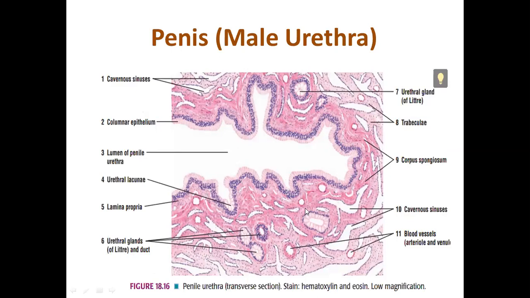In this connective tissue, which represents the lamina propria, there are mucus secreting urethral glands, and their ducts, which are lined by stratified epithelium, open into the urethral surface, and this mucus secretion will come out during the process of erection. So mucus glands are present below the epithelium in the lamina propria, and these are called urethral glands.